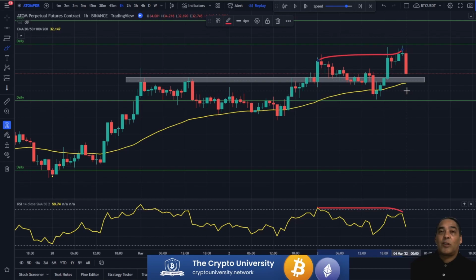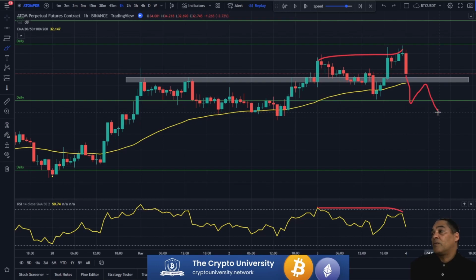But I still will not take a short position at this point, as we are still above my zone, which is now support. I would like to see a break of the support for continuation to the downside, and that will be my confirmation of the divergences playing out.